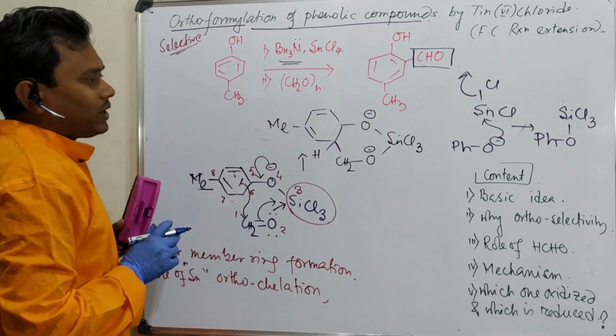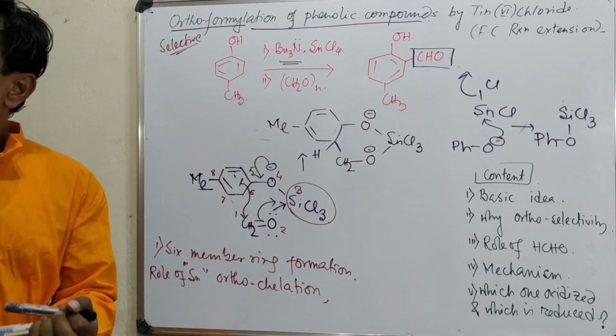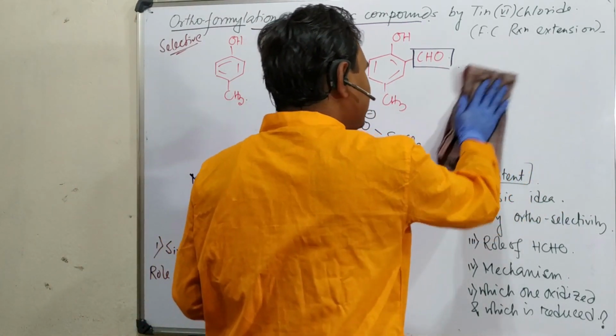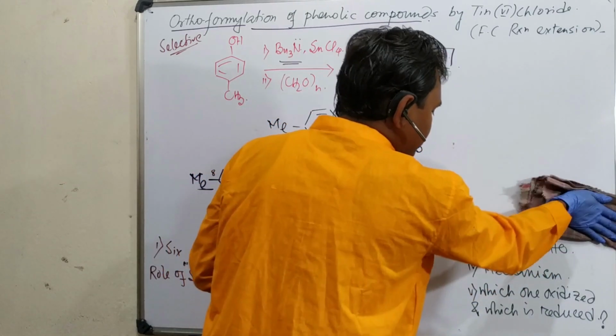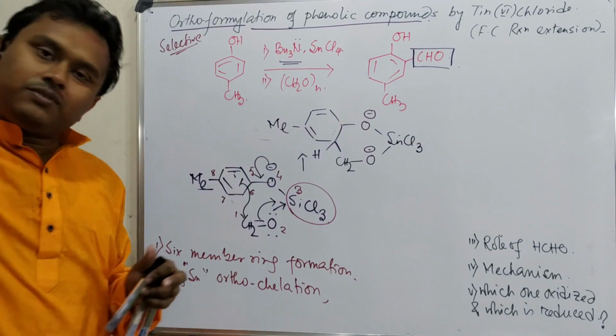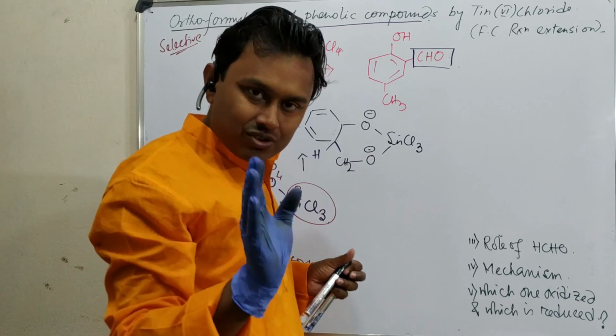So what is the instant reaction of this consequence? In this case aromaticity is gone. One thing, as I told, O minus is attached to this, and you may think that this Cl is not leaving. You may remove one Cl, no problem, that's not wrong.